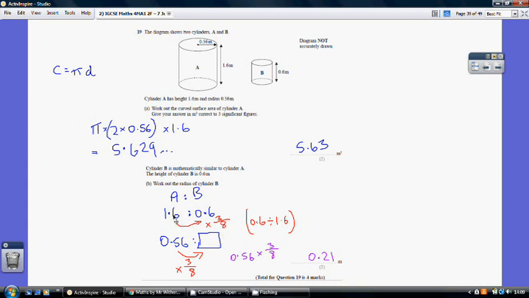So 1.6 times 3/8 gives me 0.6. So this is going to be the same proportional relationship down here. 0.56 to what? Well, we times that by 3/8 as well. 0.56 times 3/8 gives us 0.21. So the radius of B is going to be 0.21.